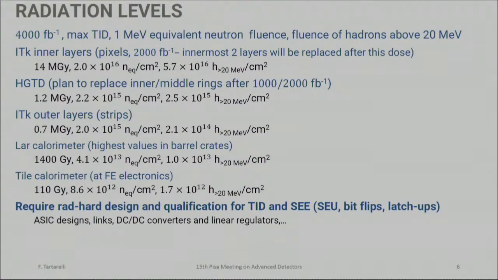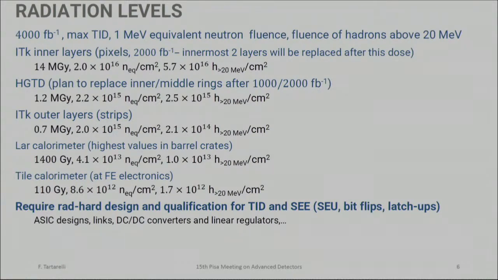In fact, after half the lifetime of the experiment, the two innermost layers of the pixel will need to be replaced. The radiation is also pretty high in the timing layer, and again, they plan to replace the inner and middle rings after these doses here.